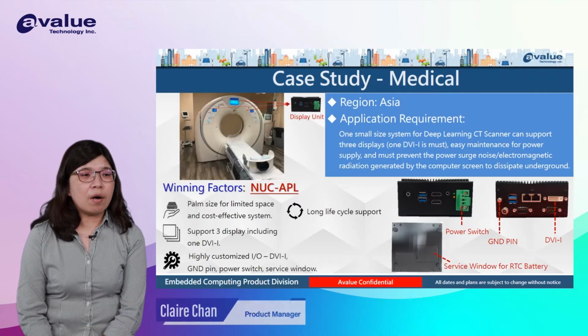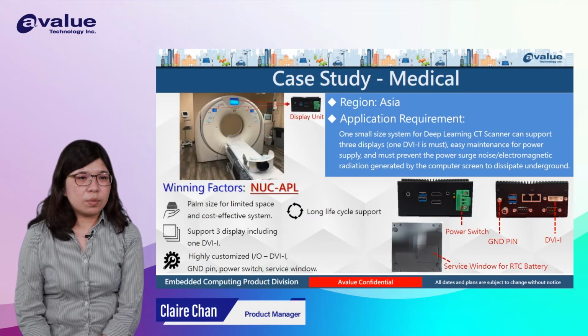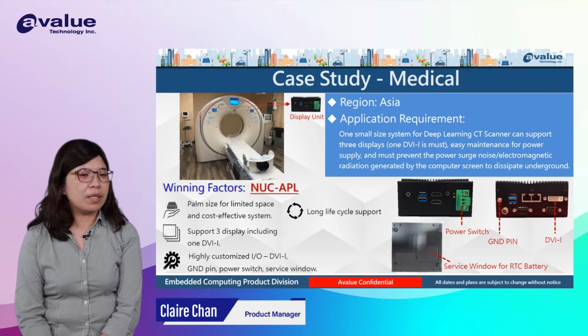I see, Claire. So this is the standard version, right? Is there any customization that is different from the standard version in this project? This is not the standard version. We did make some customization for this application. First of all, one power reset switch with a Phoenix type connector to control power on and off remotely.